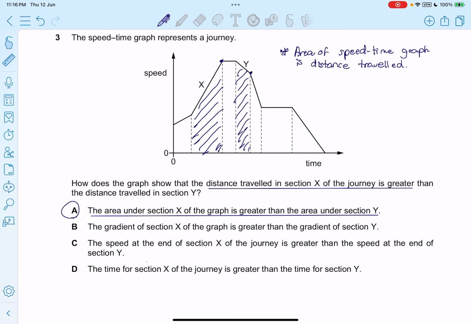So C cannot be used to determine or explain what is being asked. Number D, the time for section X is greater than the time for section Y. The time can be greater, but if the area is small, it doesn't really lead to the more distance traveled. So D is also wrong. Only answer should be A.